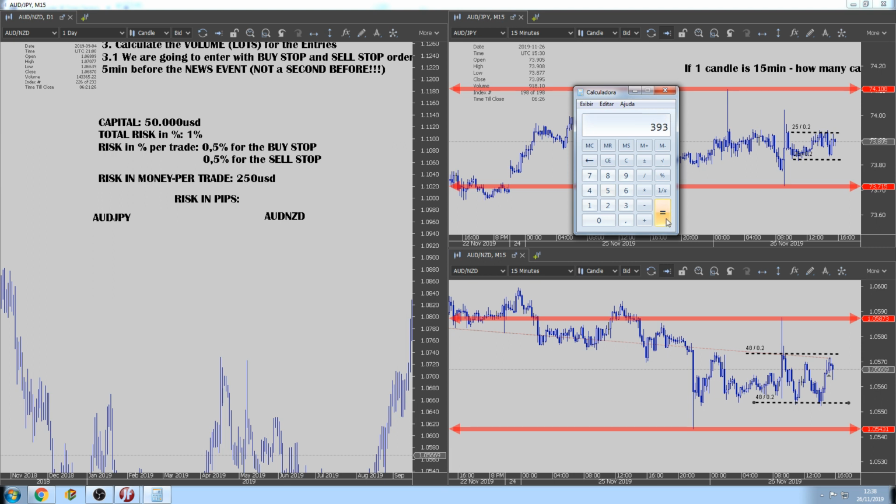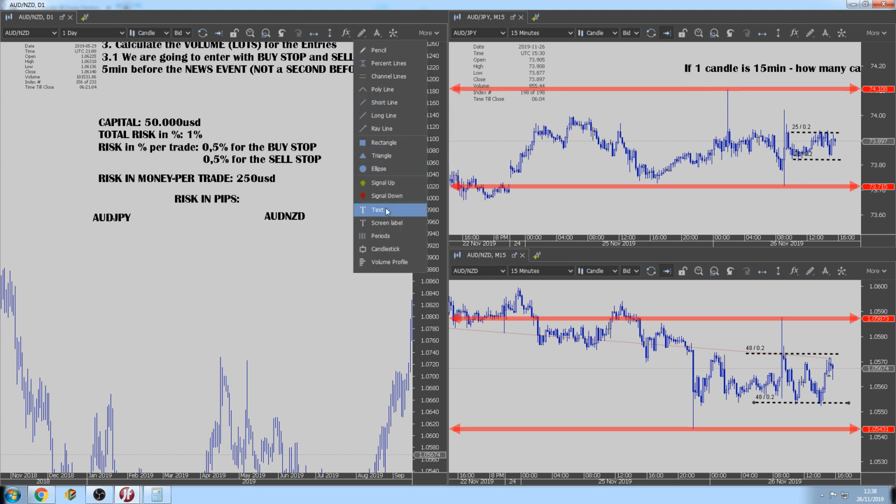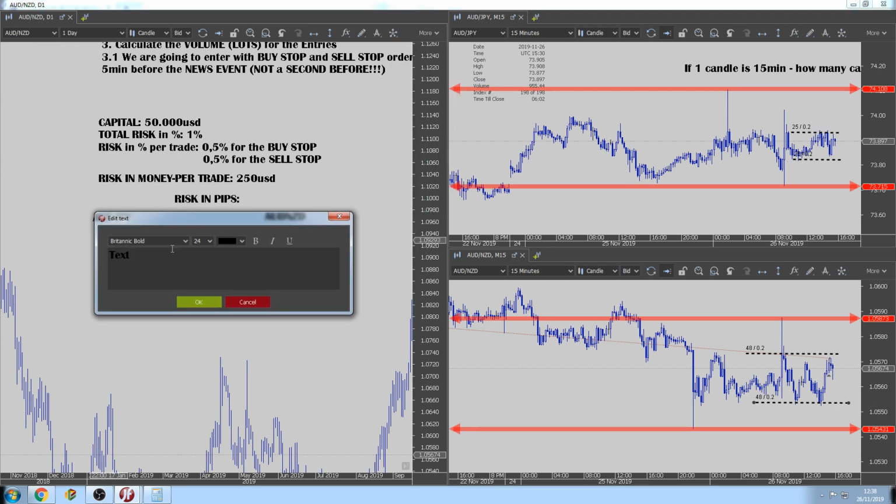This is the range, so it gives me 393 pips, right? So I need to add 200 because I'm going to put my buy stop and sell stop above and below. Okay, so plus 200 makes 593. So AUD/JPY is going to be 593 pips in risk.